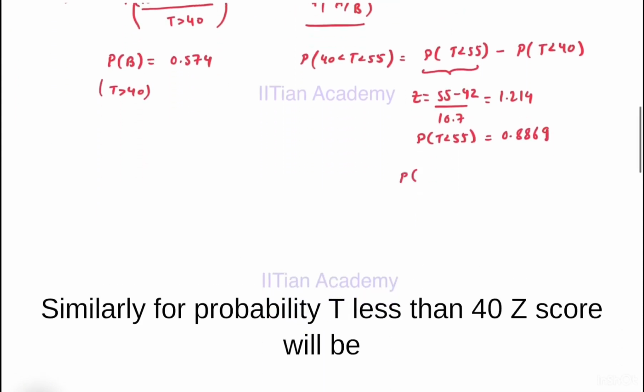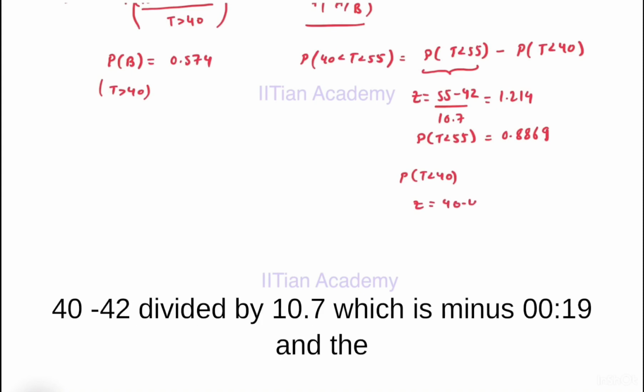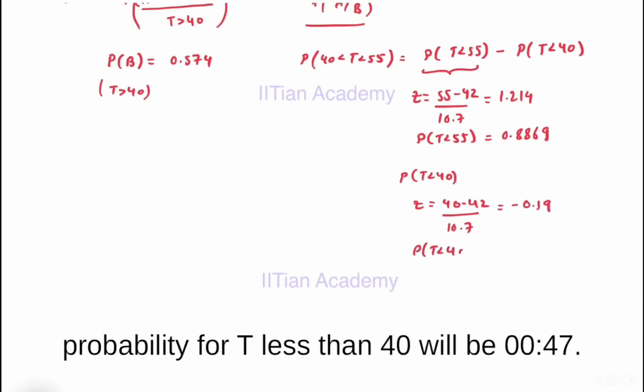Similarly, for the probability T less than 40, the Z score will be 40 minus 42 divided by 10.7, which is minus 0.19, and the probability for T less than 40 will be 0.4247.